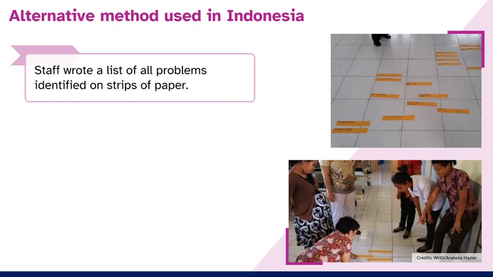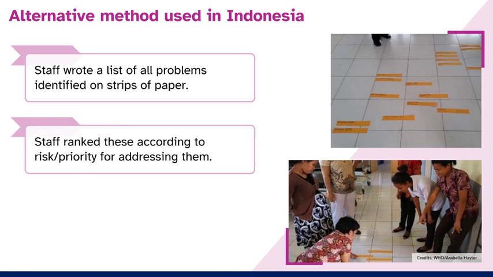Let's look at an example from a small hospital in West Timor, Indonesia. There, a novel approach of prioritizing facility improvements was used. Each indicator that did not meet standards was written on a strip of paper. Indicators were then scored by relative risk without assigning a score. The top third were classified as highest risk and addressed first.